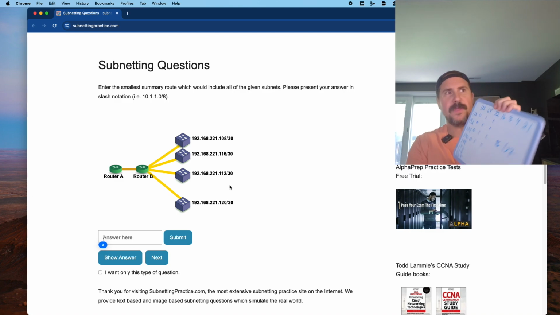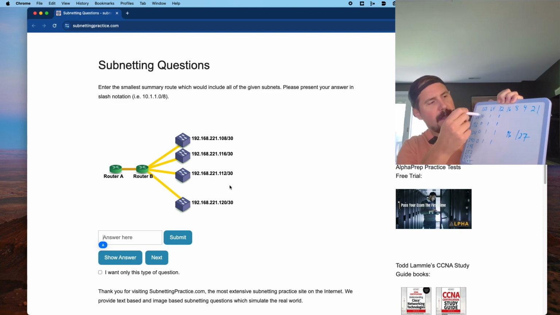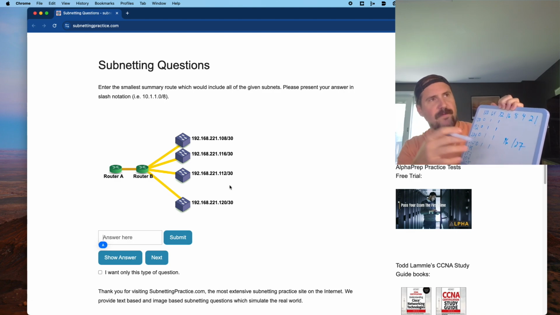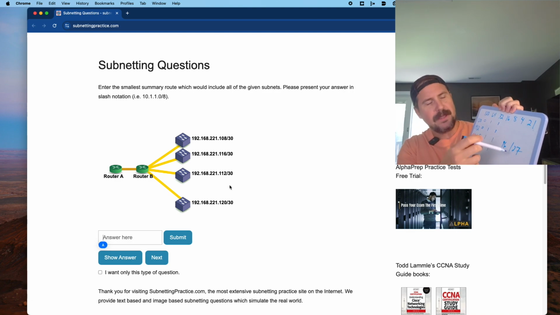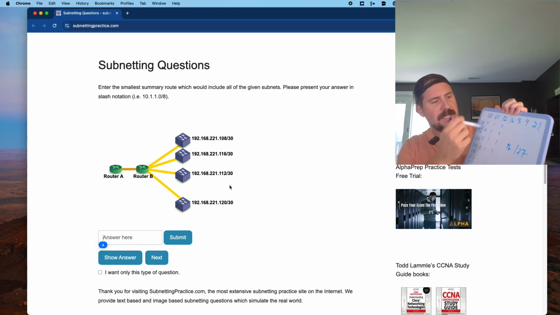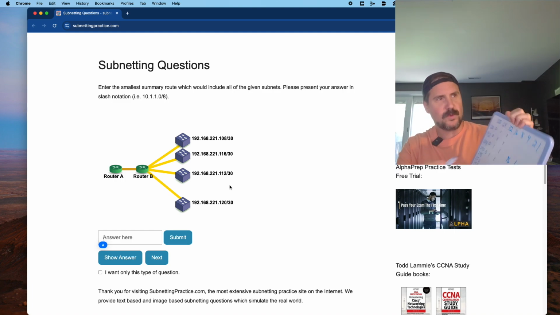So we're in the 4th octet. We've added up those values to get 96 for the decimal value of our 4th octet. And then we added to 24 the 3 bits that were taken up by these 4 addresses, and that's 24 plus 3 is 27.